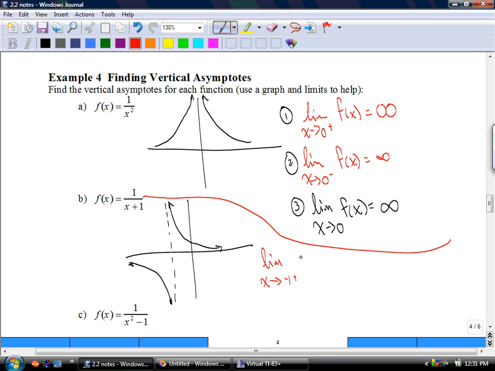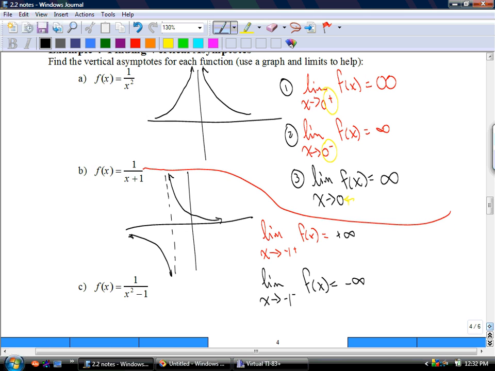Positive. Well, because if you approach from the left and from the right, you can say that from both directions. So, as we approach -1 from the right, we would say positive infinity. And if we approach -1 from the left, you would say negative infinity.